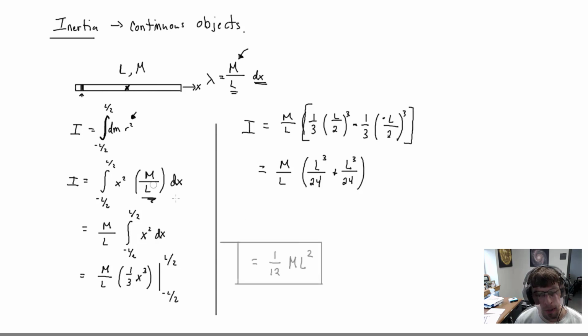Ta-da! This is the moment of inertia for a thin bar rotated about its center of mass, which is m L squared over 12. Pretty cool. And if we look it up in a chart, which I'll post at the end of this video, we'll see that indeed this is the right value.